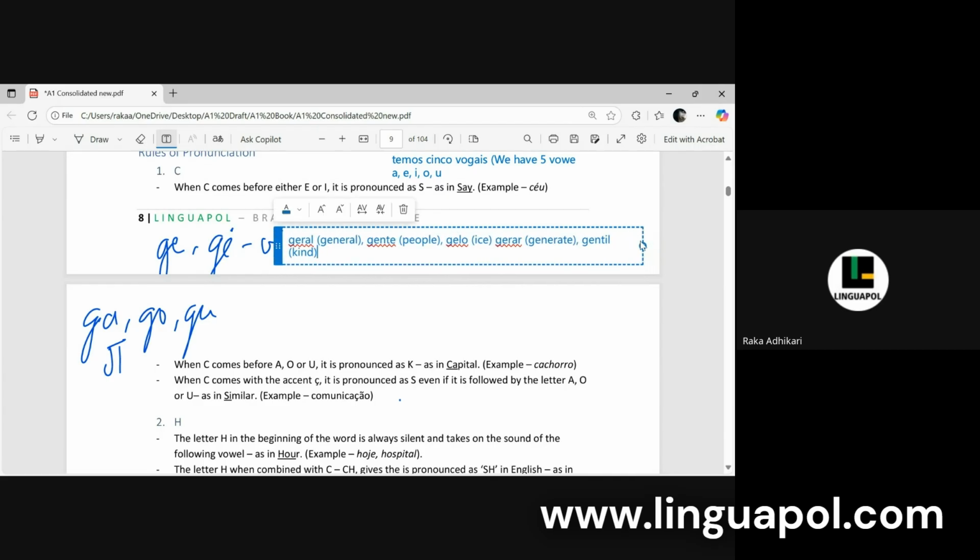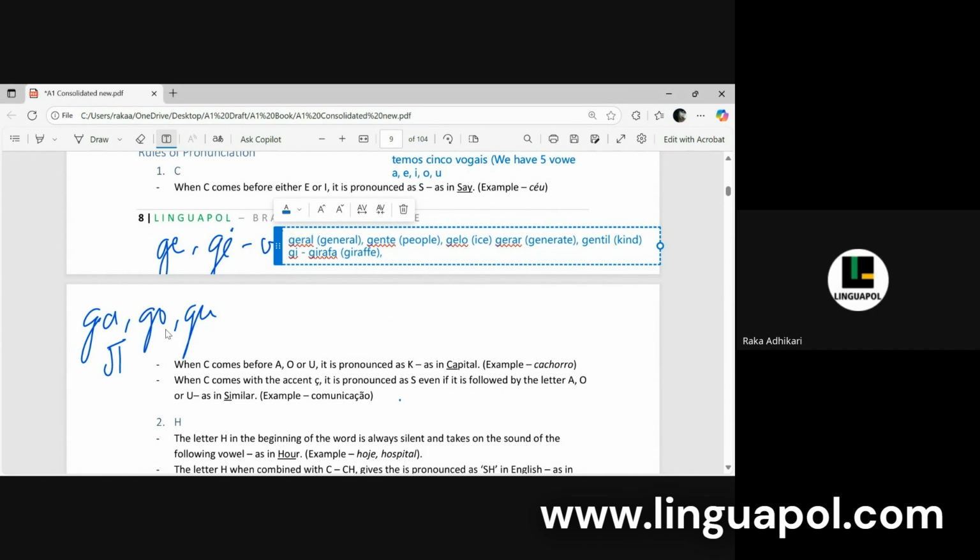Let's look at words with GI. Okay, common words, giraffe. Can you guess the meaning of this? Giraffe. Bottle.